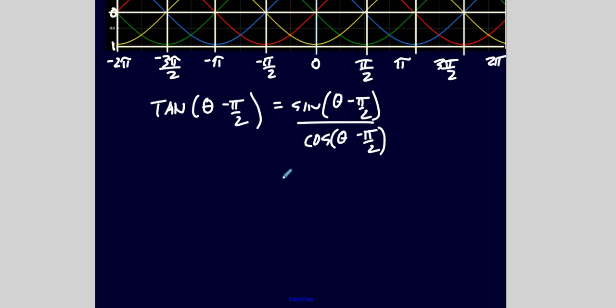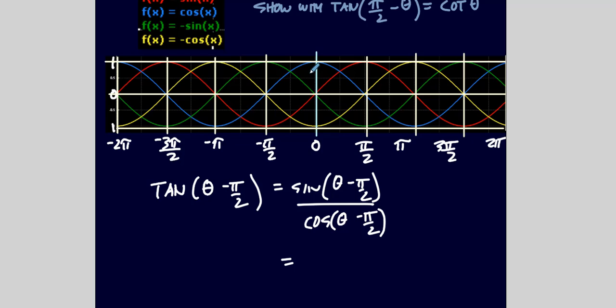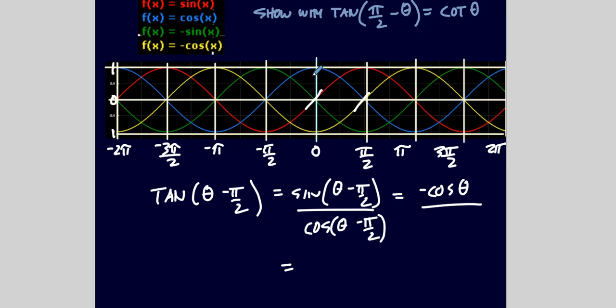Let's just do it off this graph. Sine of theta is right here. Shifting pi over 2 to the right gives us negative cosine theta. And then cosine, shifting cosine pi over 2 to the right, gives me sine theta.